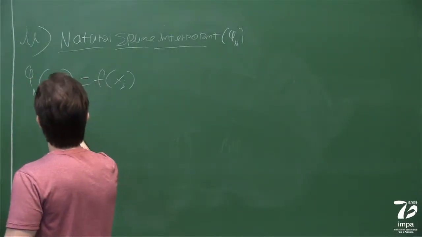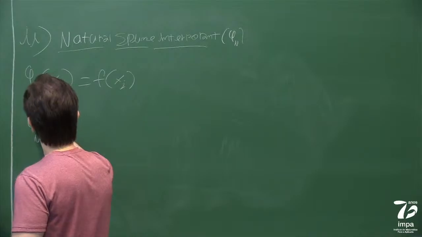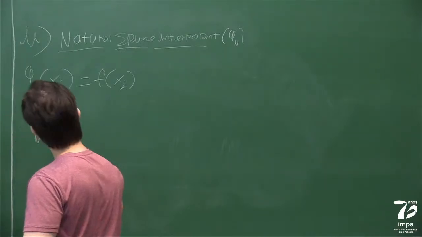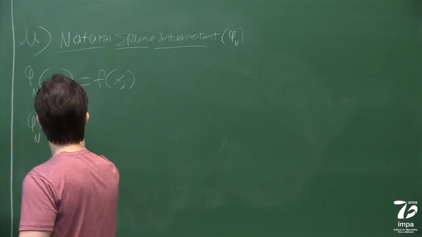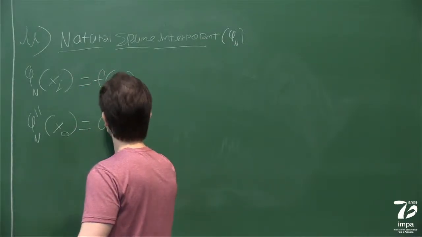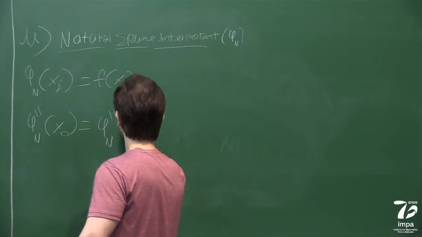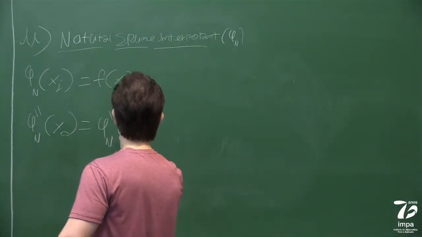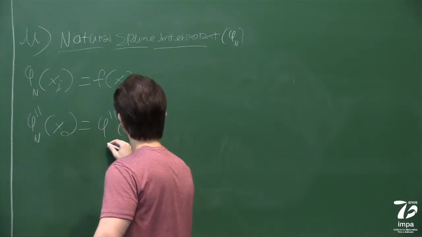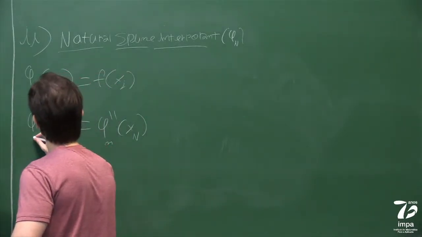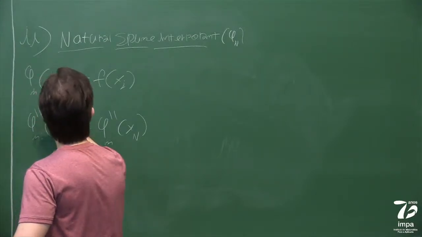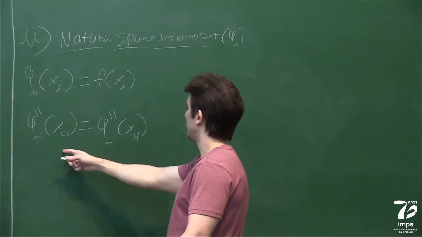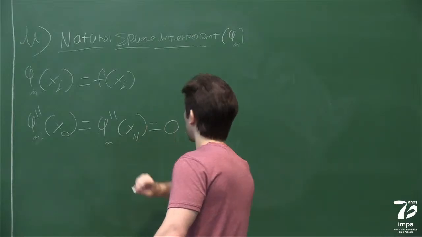We just impose that phi n, the second derivative, at both boundaries to be 0. So the first boundary equals the second boundary, xn. So this n is not this n, so this may be not so good. Let's call small n. Small n, small n, and this is small n. 0 equal 0, okay?